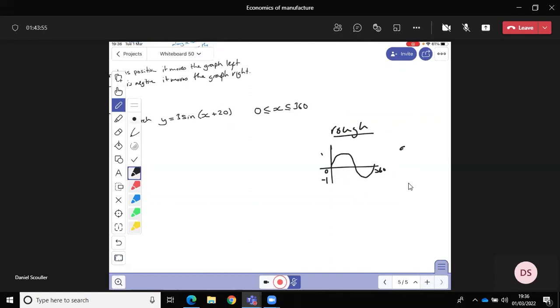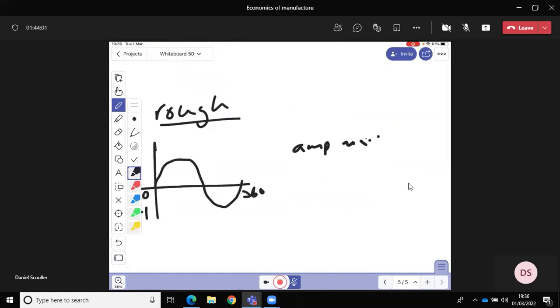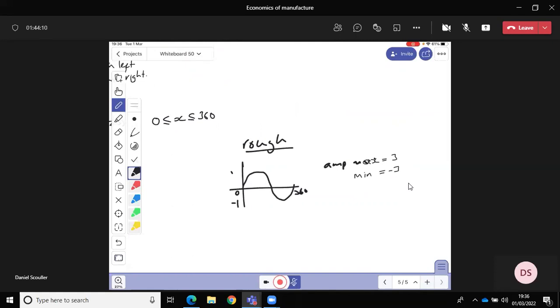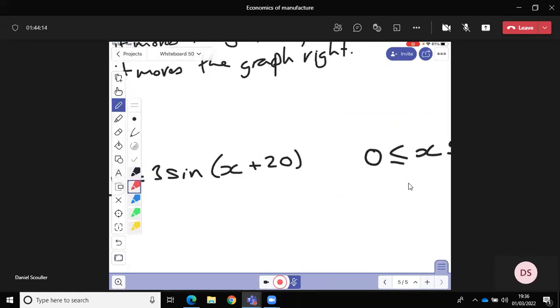Our amplitude's changing, so our max is going to be 3, our minimum is going to be minus 3. And then all our milestones of 0, 90, 180, 270, 360 are going to move by this plus 20.